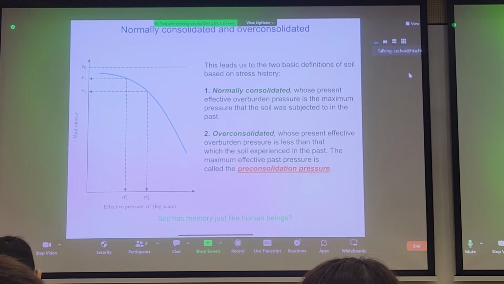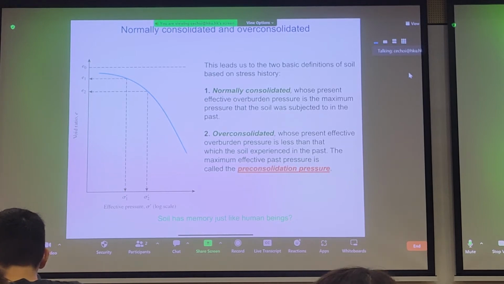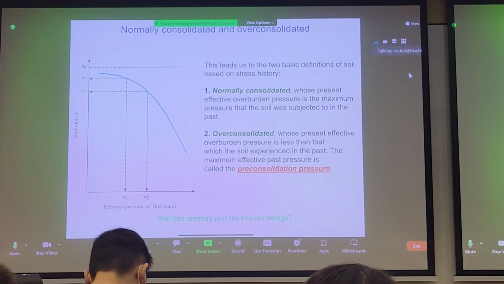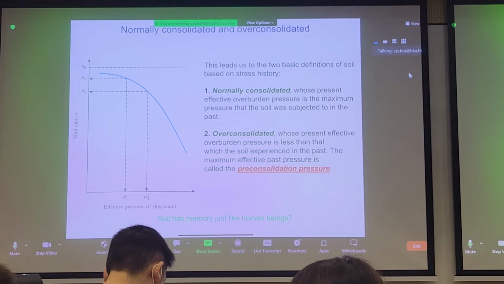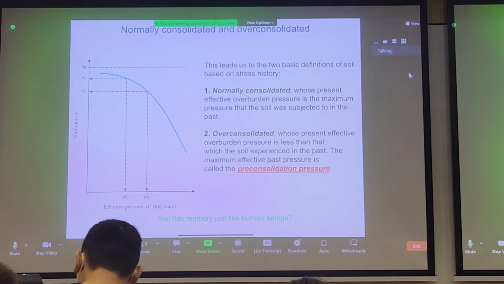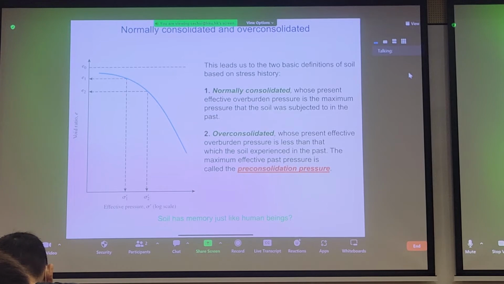And of course, you can also add other qualifier terms in, like heavily over-consolidated. And there's also a term called under-consolidated as well. What's under-consolidated? Let's say we have an undrained scenario where we can't really transfer a lot of the total stress to the soil skeleton because the excess pore pressures won't dissipate, right?